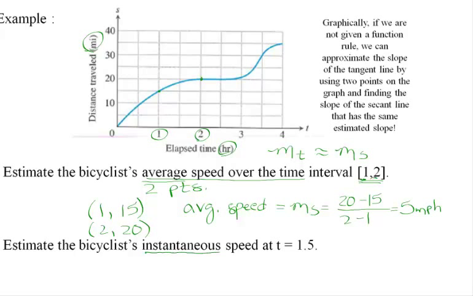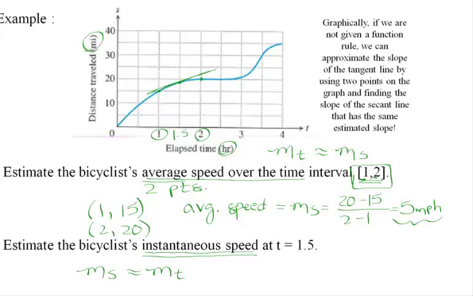This has something completely different. What's the instantaneous speed of the cyclist at only that point? What is the slope of the line through that point? Is it going to be the same as the average? We're going to use the average to approximate the slope of the tangent line. But we're going to be careful because we're not going to just use these 2 points.